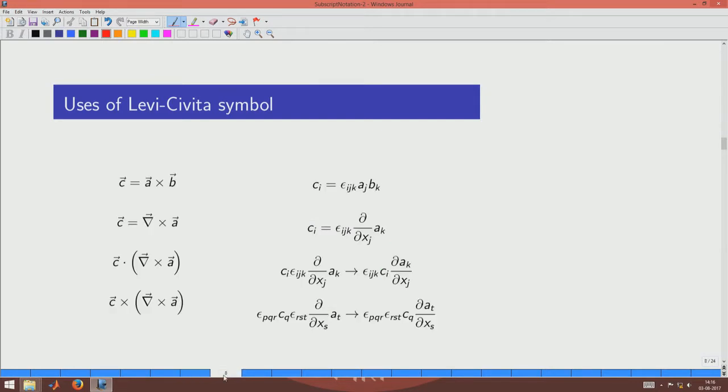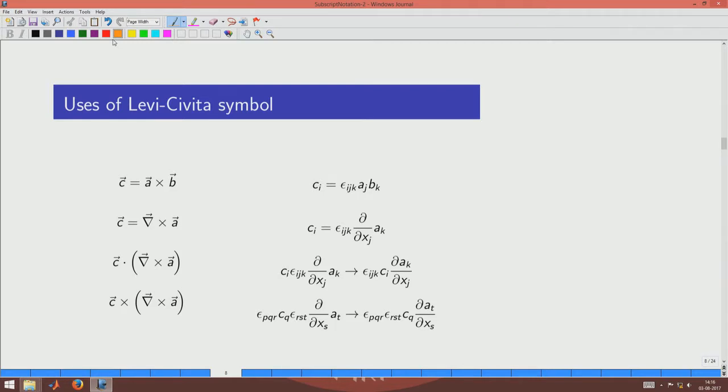So, here are some identities that I am writing. This is a practice to check whether we got the symbols correctly. So, C, which is a cross product of A and B. I am just repeating the concepts once again, so that we are practicing the subscript notation.